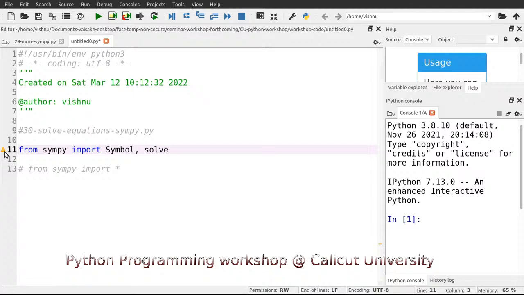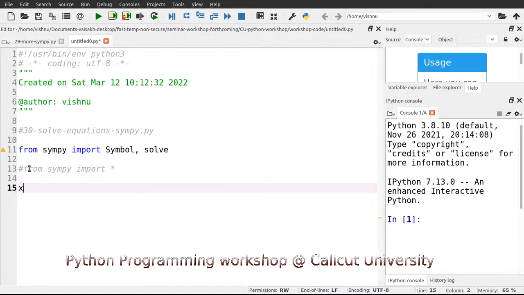If you are importing using a wildcard, there is no such hint available anywhere. So you should not use this; it's better to avoid it. From sympy import star, from math import star, from cmath import star are all possible, but you should not do that. You should clearly know what you are exactly importing and why. Only those things you should import. Okay, so solve is imported.